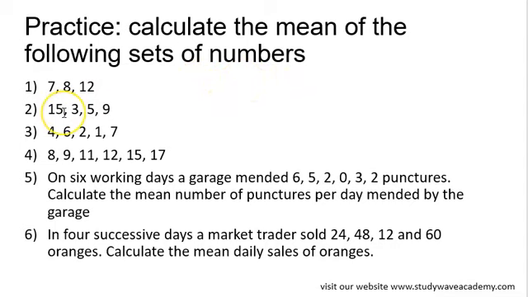We do the same with our number 2, 15, 3, 5, 9. Write out your formula, input your numbers, and you get your answer when you calculate. Do the same in number 3, number 4 and number 5.